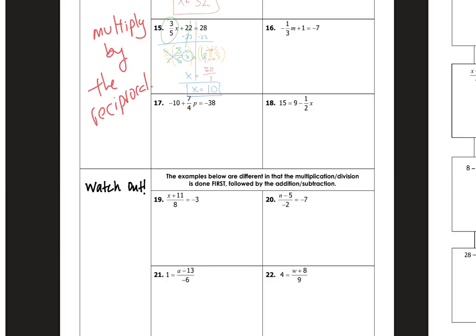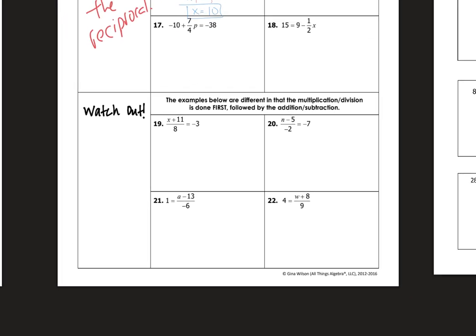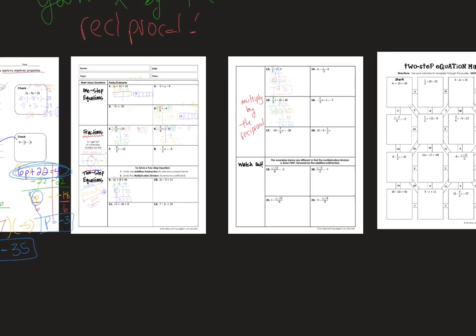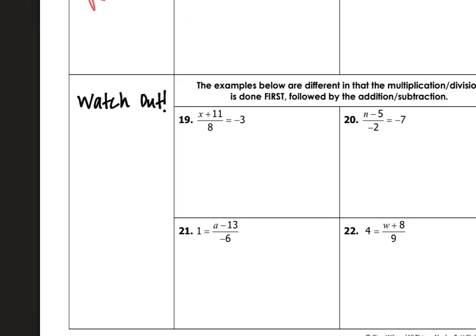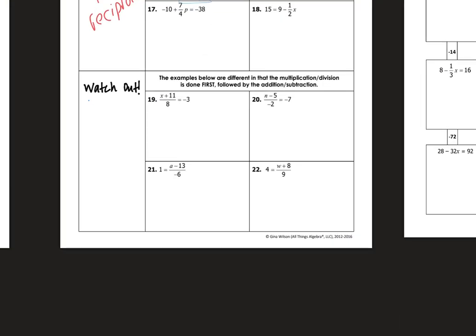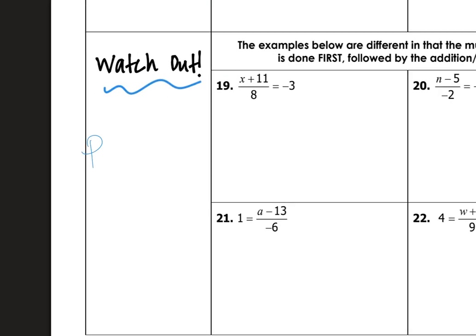So, now we're to the part that is new. Nothing has been new up to this point. Kind of crazy, right? But there's a new section, and it says, watch out, because it changes the steps, sort of, okay? It changes the steps because remember how I said that we wouldn't really be concerning ourselves with parentheses?